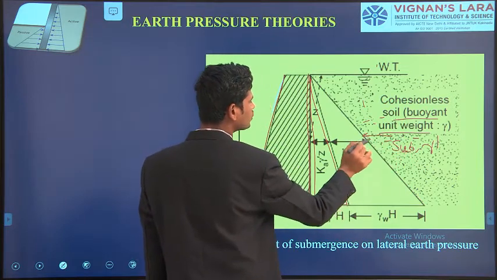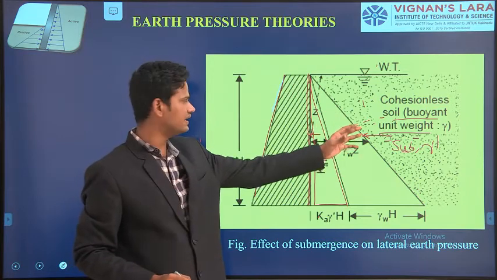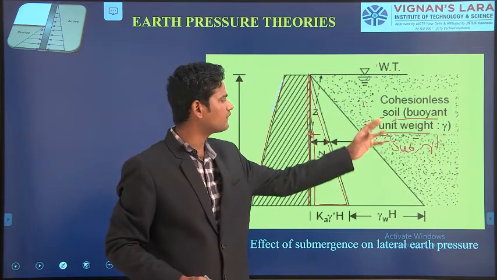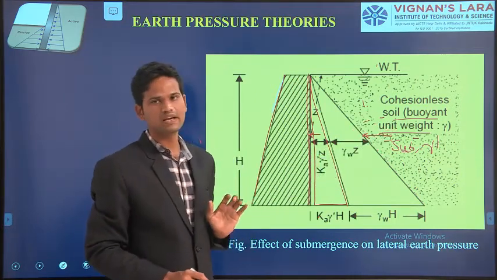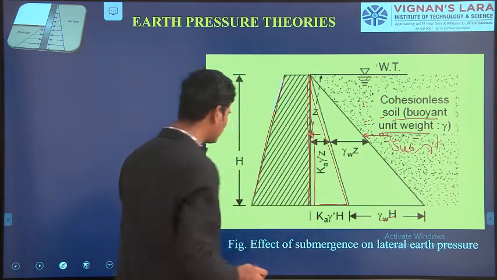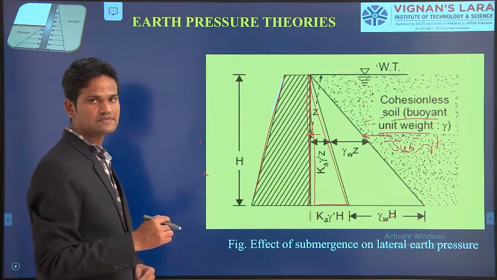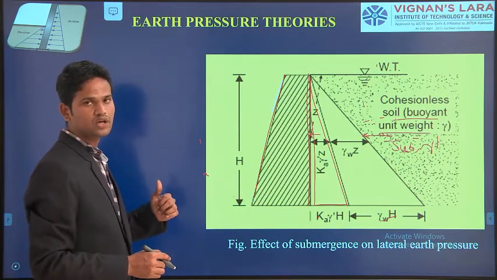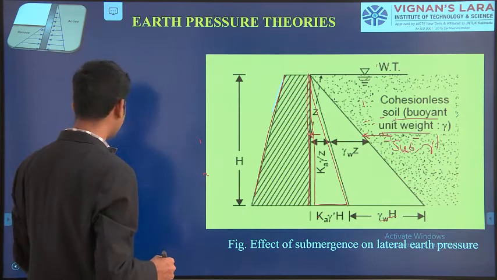The water also will create some pressure on the wall. The soil itself will create some pressure on the wall, as well as the water filled within the soil. That water also will create some pressure on the wall. That pressure we are taking as gamma w into H. Again, from the concept of effective earth pressure as well as effective horizontal pressure, we have to calculate how much horizontal pressure is acting at the total depth as well as at a particular depth.